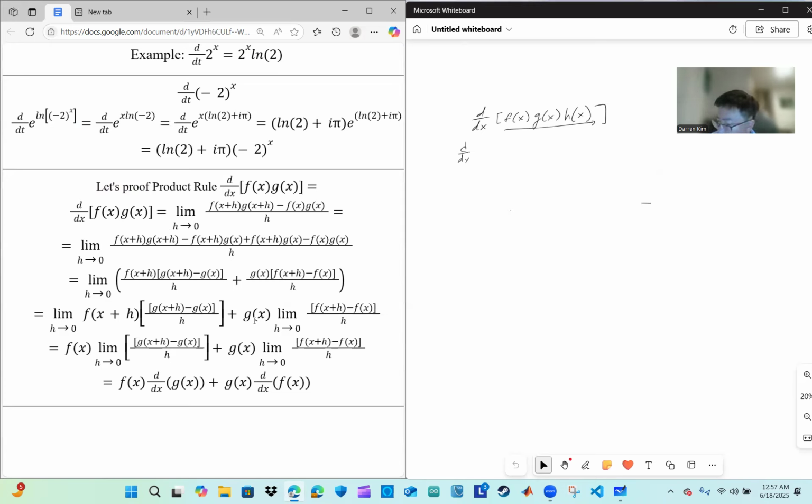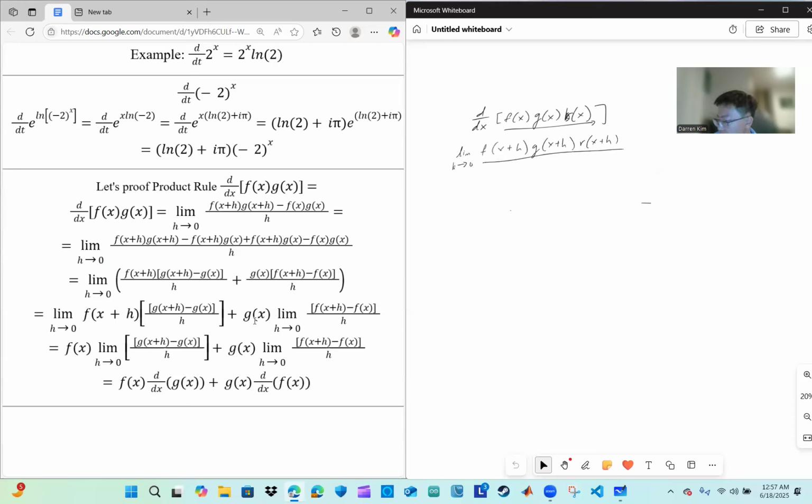Now, we all know what this is. Basically, it's the limit as h goes to 0. Oh, wait, maybe I should change this to r or something. The limit as h goes to 0 of f(x+h) and then g(x+h). And in this case, we have r(x+h), divided by h, and then we just have to continue this.